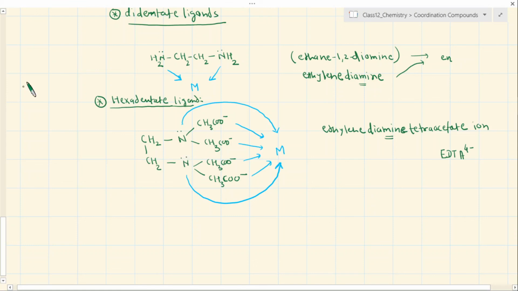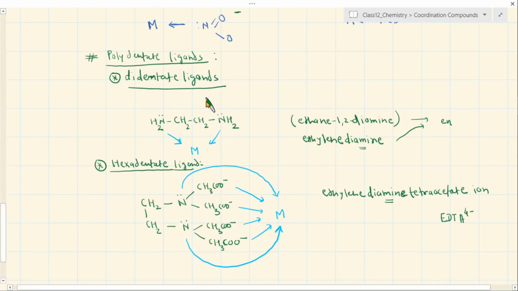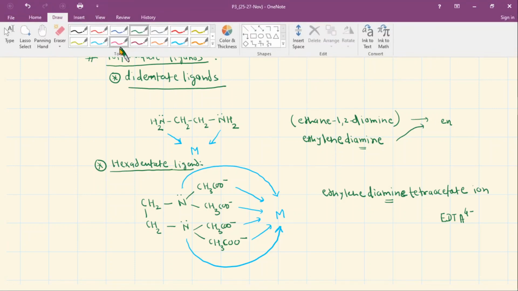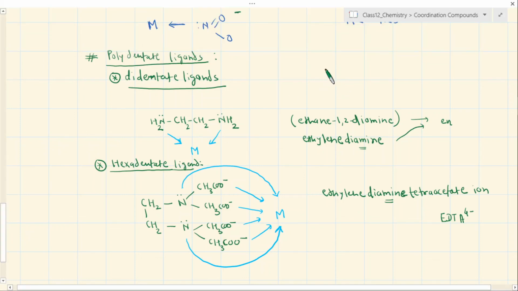Okay, so another bidentate ligand, apart from the neutral molecule, is the oxalate ion, derived from oxalic acid. Another didentate ligand is COOH or COO minus. If you put hydrogen here then it is oxalic acid, but if you remove hydrogen then it is oxalate ion.